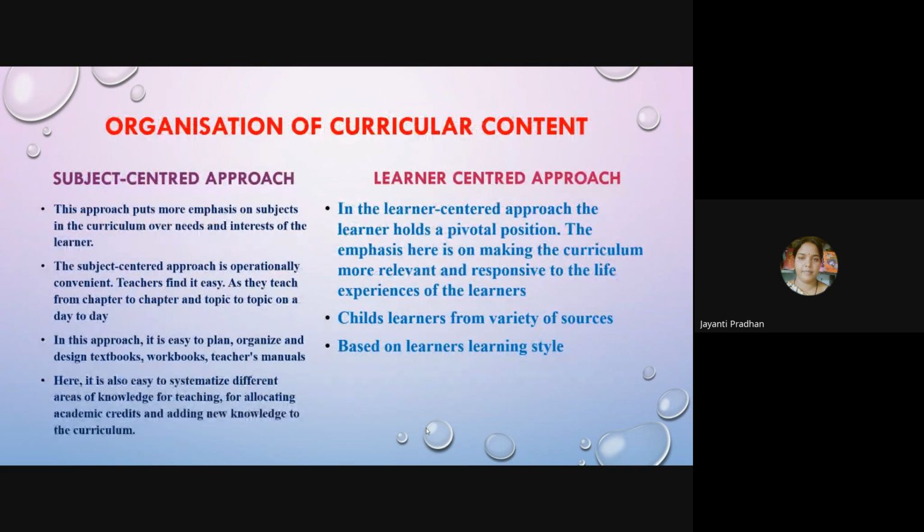Then after selecting the component, now we need to organize the curricular content in a particular course. What kind of approach must we follow? Traditionally we mostly followed the subject centered approach. That means there we are emphasizing the subjects in the curriculum. We're not considering the interest of the learner; the focus relied more on the subject.